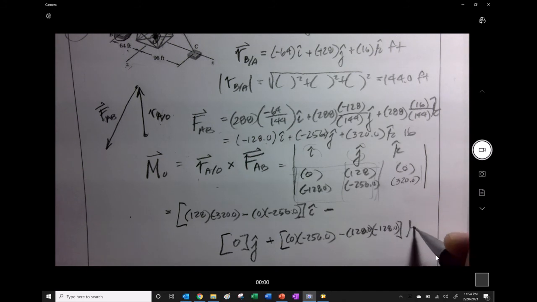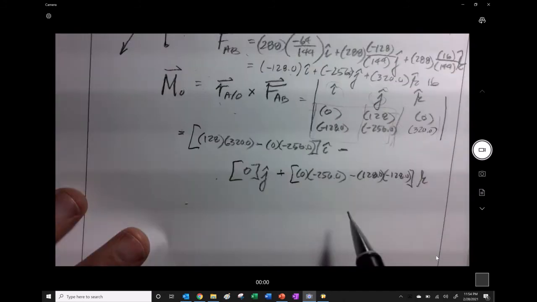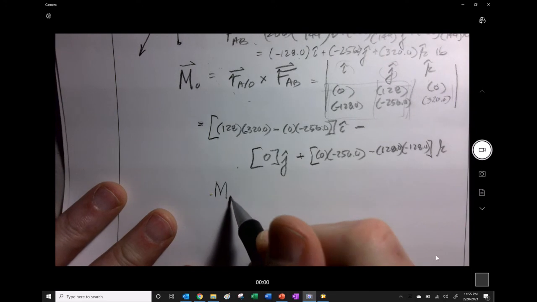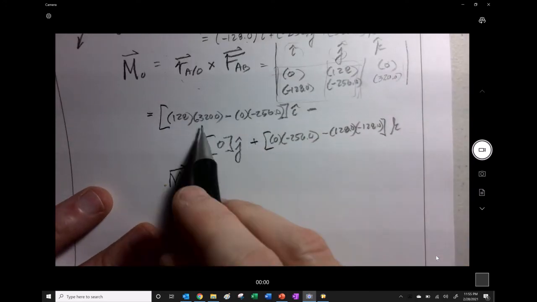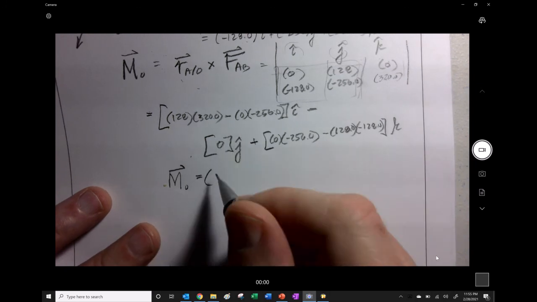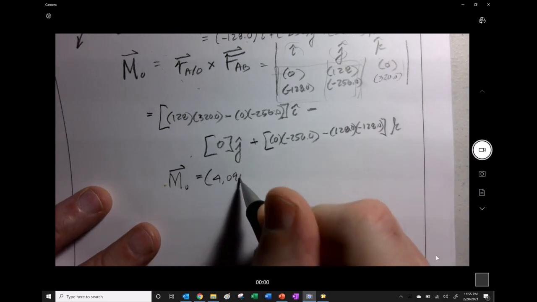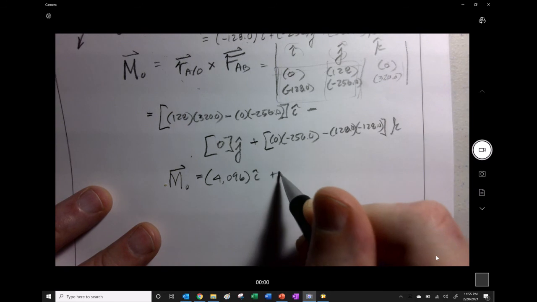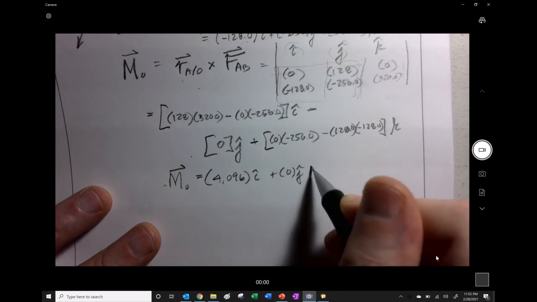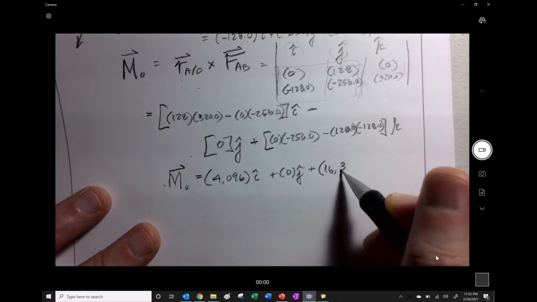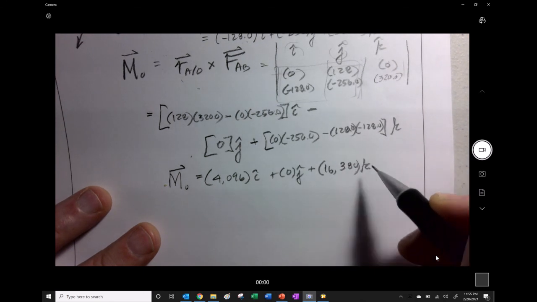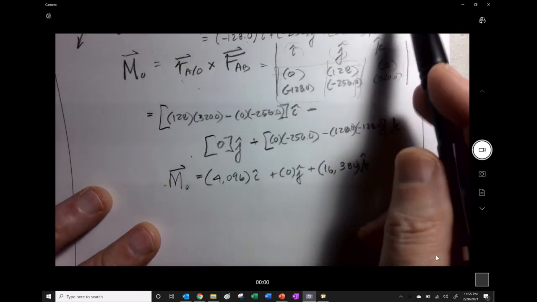And then it's going to be the K. And so for the MO that's on this thing, we find out that it ends up being 4,096 I, 0 J, and 16,380 K. And what we were dealing with, we had feet and pounds.